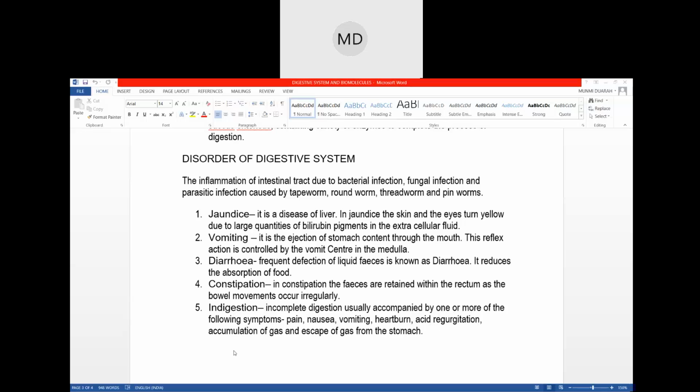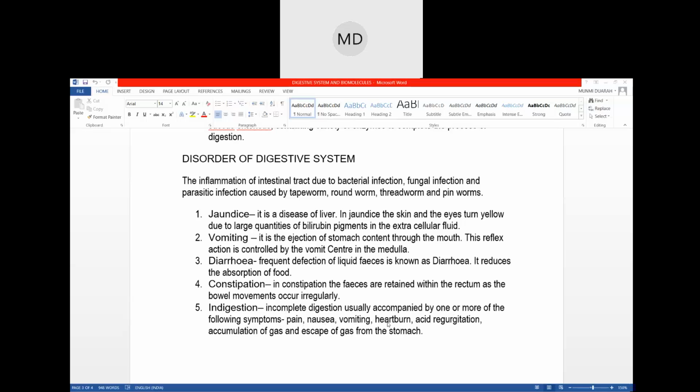And then there is accumulation of gas in the abdomen, and escape of gas from the stomach. So all these are symptoms of indigestion. When you suffer from indigestion, it is not necessary that all of this will occur. Sometimes only vomiting or heartburn will occur, sometimes all of these, sometimes a few of these.